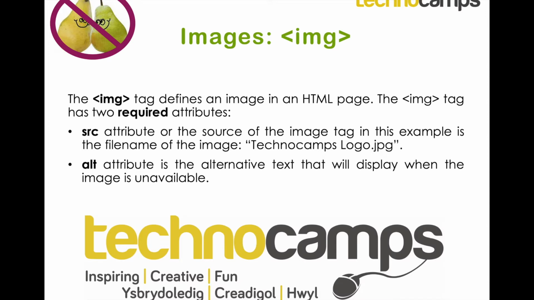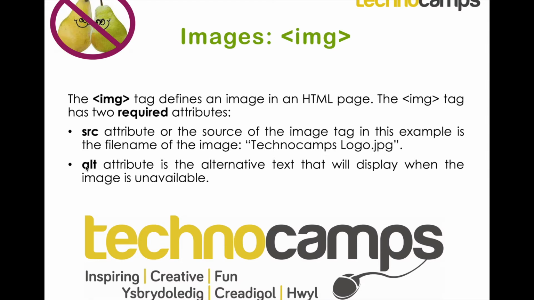Similar to what we've discussed in the previous video with the anchor tag and the href attribute, the image tag requires the attribute src, which stands for source. This attribute is where we define what image or what file we want to display in our web page.